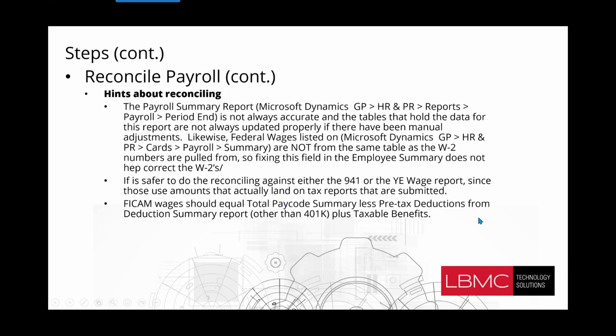And that calculation is what drives people crazy trying to figure it out. So we can always pull you a list that shows you which ones are pre-tax so that you can make sure that you get the correct ones on your reconciliation.